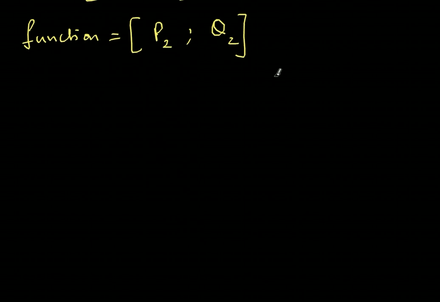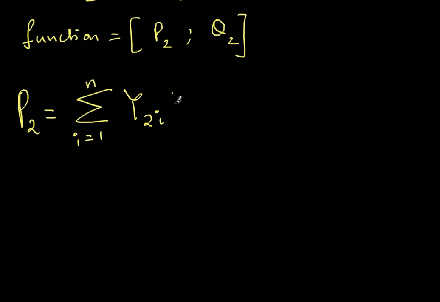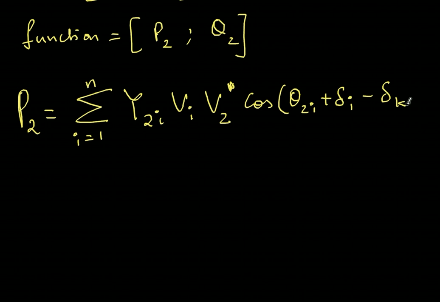We have derived the load flow expressions several times. So what is P2? P2 is the summation over i equal to 1 to n, where n is the number of buses in the system, of y2i Vi V2 conjugate cos of theta 2i plus delta i minus delta k. This is the standard power flow equation.